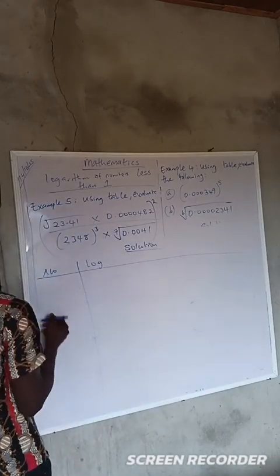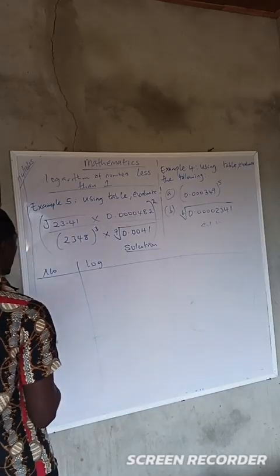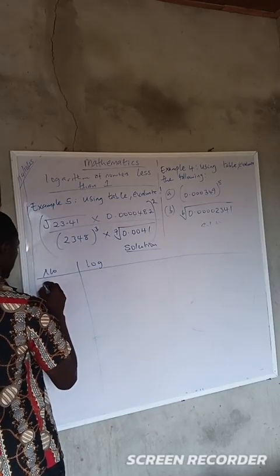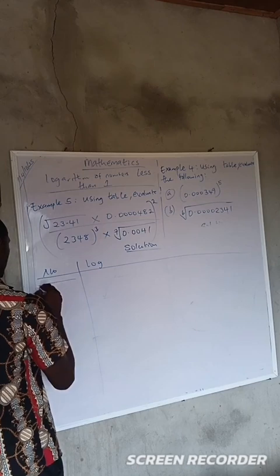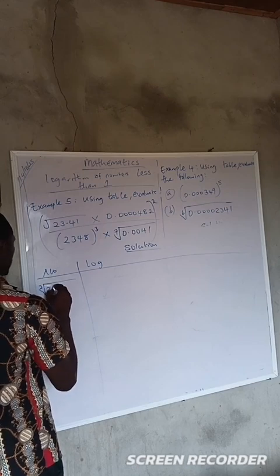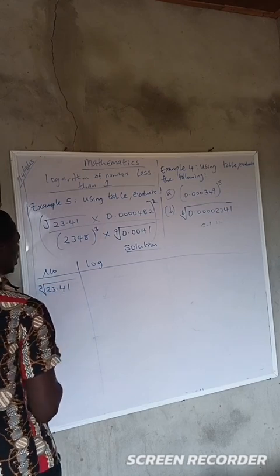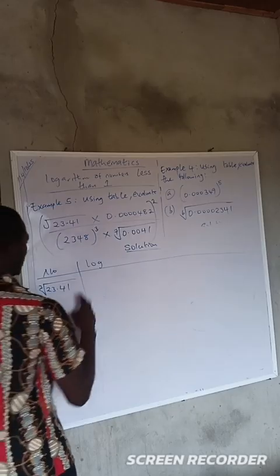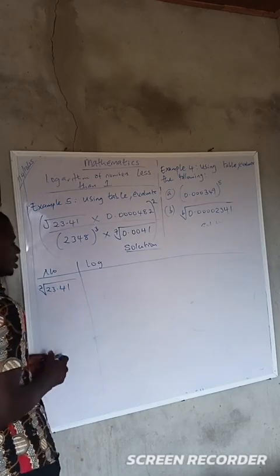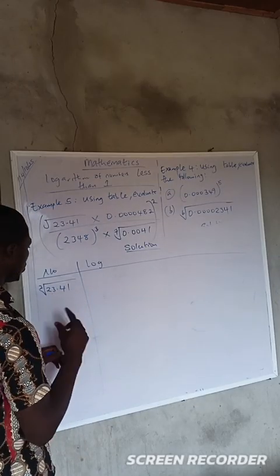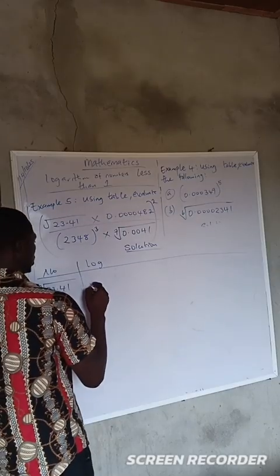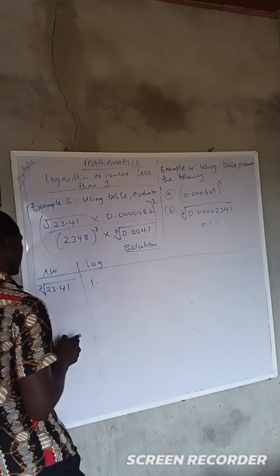The first one, you have the square root of 23.41. What's the characteristic of this? You just have to reduce this number once, and this is going to be 1 point.